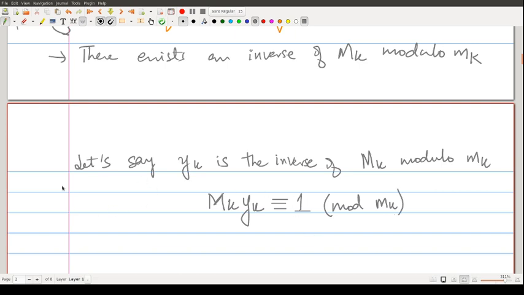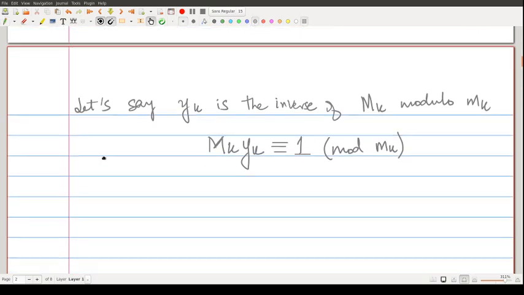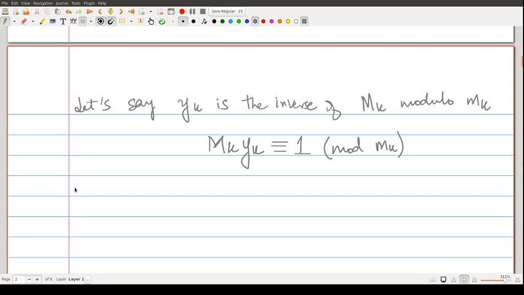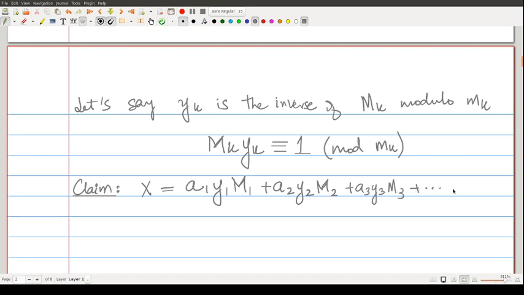Now, here's the interesting thing. I claim that I can now make my x that satisfies this equation. Let x be equal to a1 y1 capital M1 plus a2 y2 capital M2 plus a3 y3 capital M3, and you can see the pattern now, extending this to an yn capital Mn.